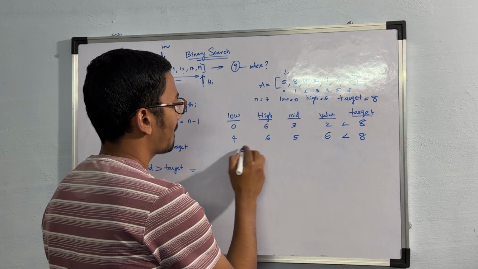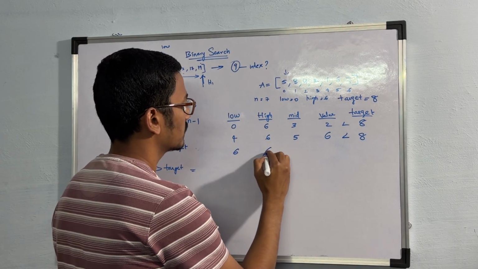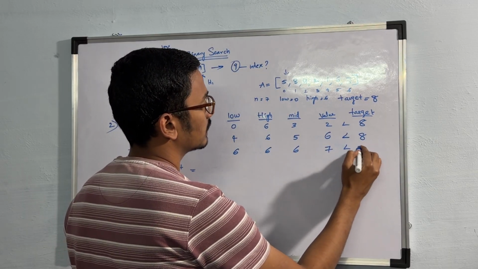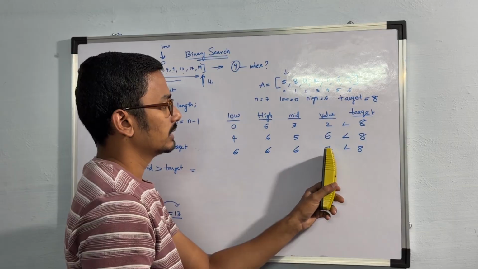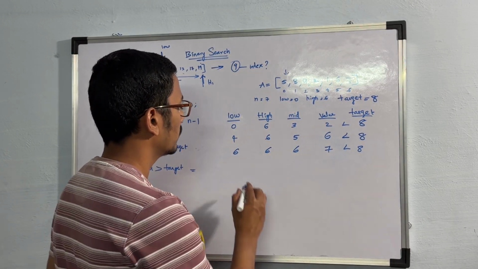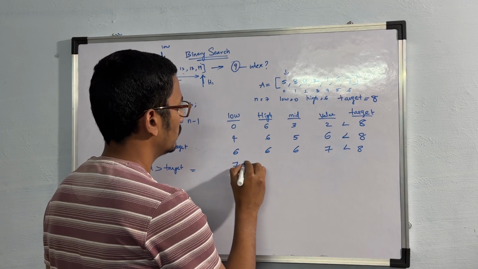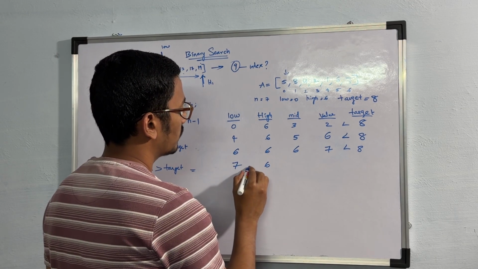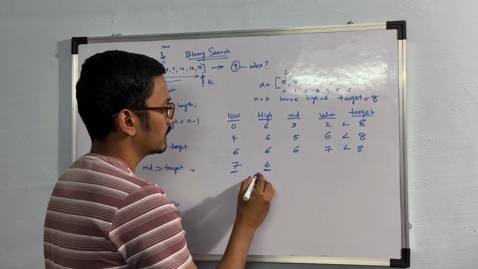So mid is 6. The value is 7. 7 is less than 8. What do we have to do? We have to increment the low value by one, so low is 7 and high is 6.